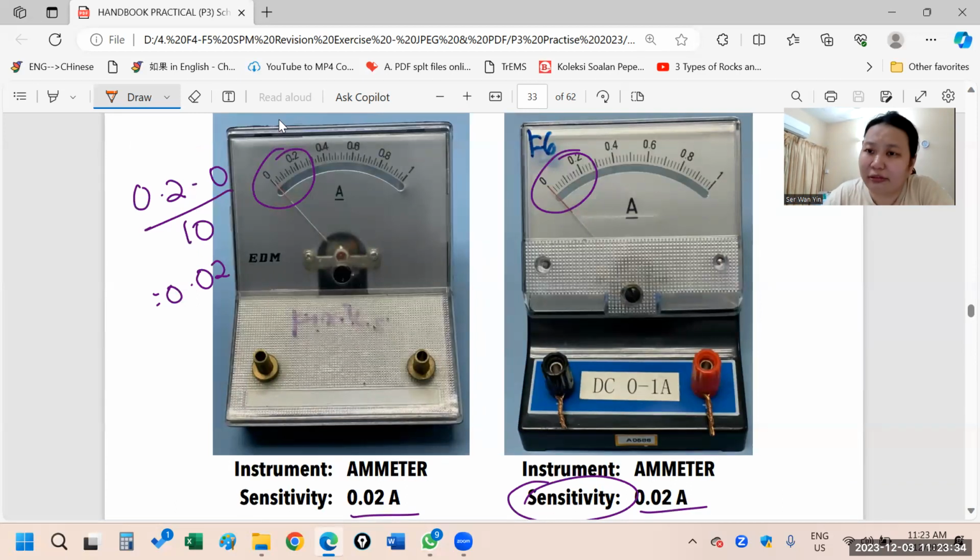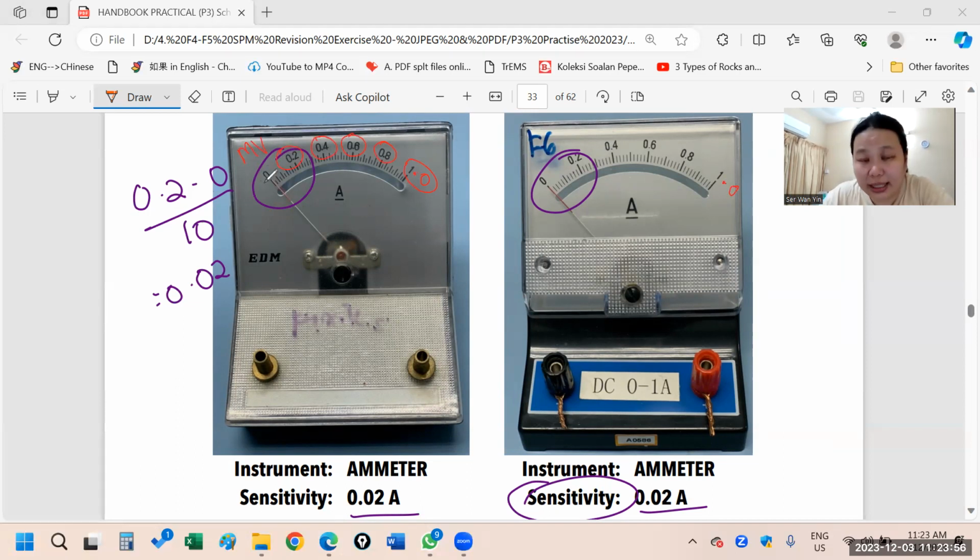So you can do your first MV 0.2, 0.4, 0.6, 0.8, 1.0. Remember, 1 decimal, 1.0.